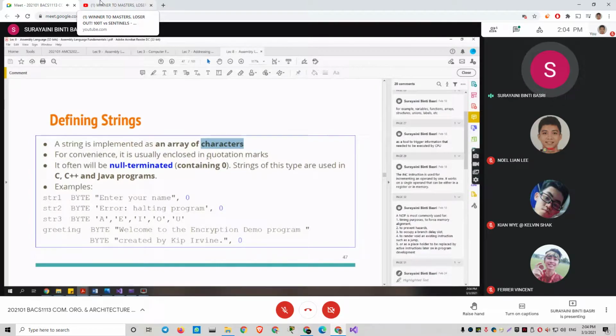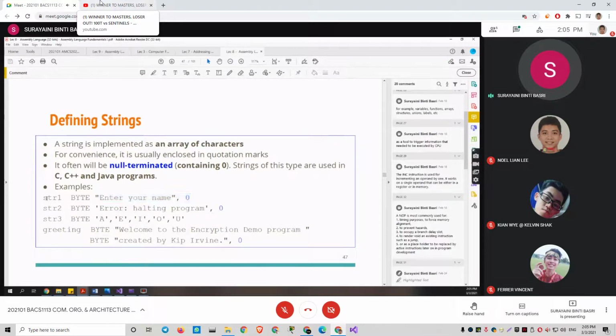It is usually enclosed with quotation marks, and it often will be null terminated, containing 0. This is the syntax. A string of this type is used in C, C++, and Java programs. This is an example of how we declare a string.